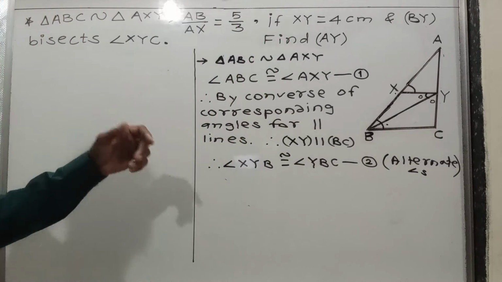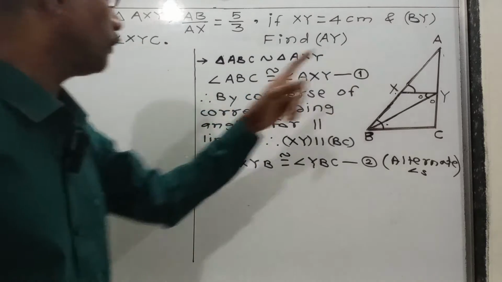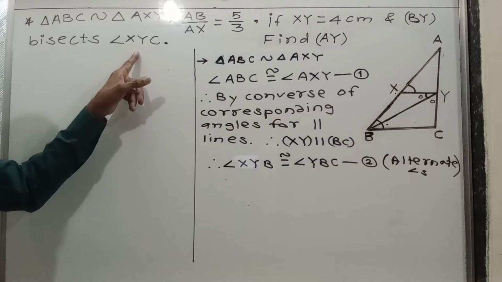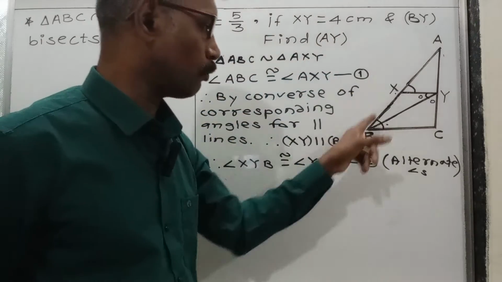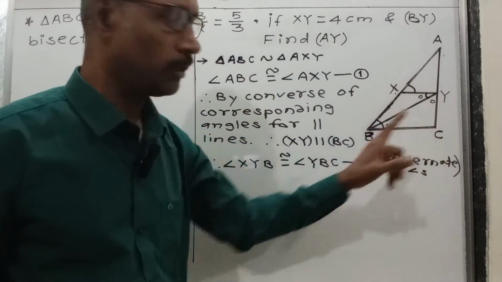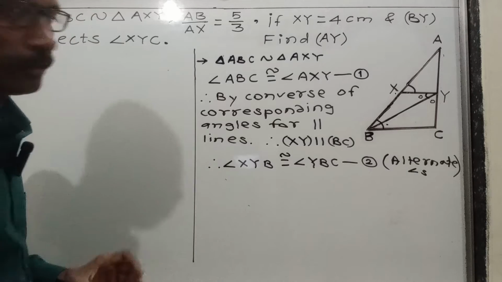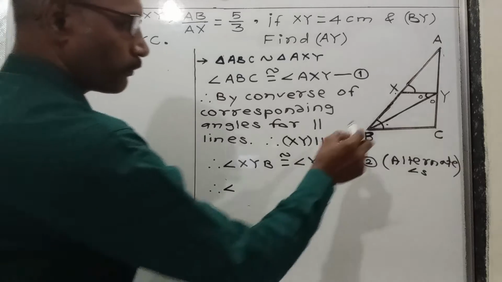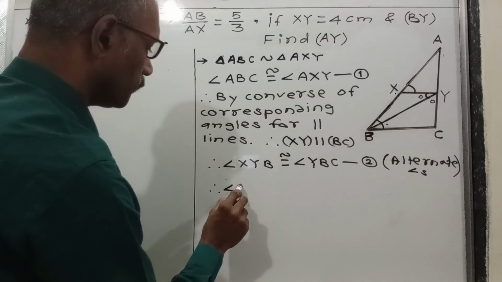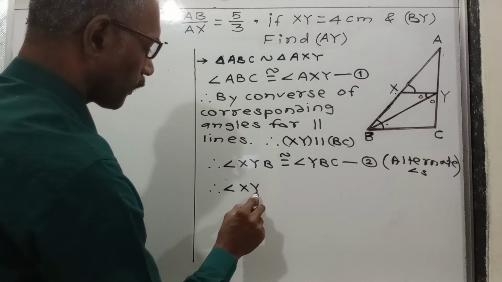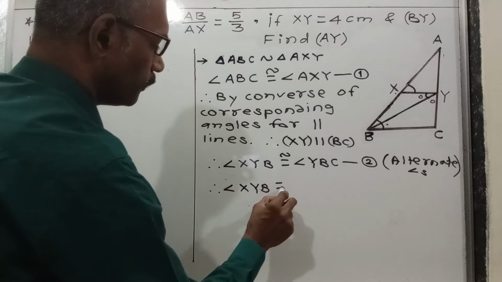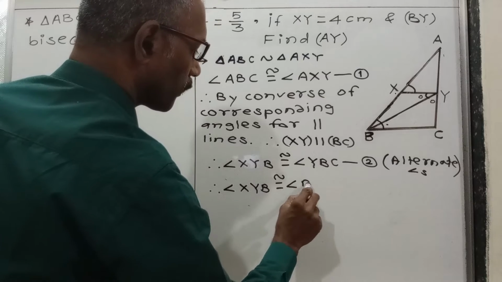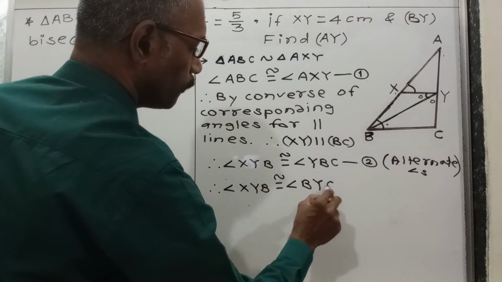Now we are given that BY bisects angle XYC. This means we write here, therefore angle XYB is congruent to angle BYC.